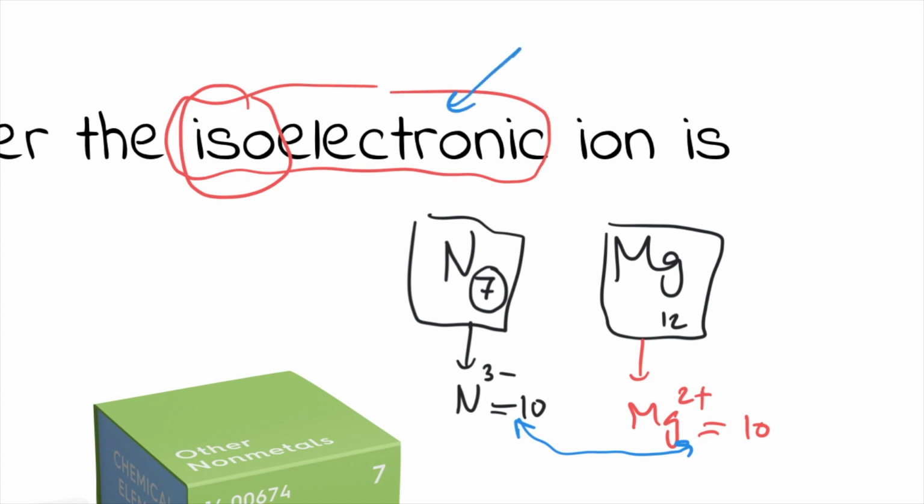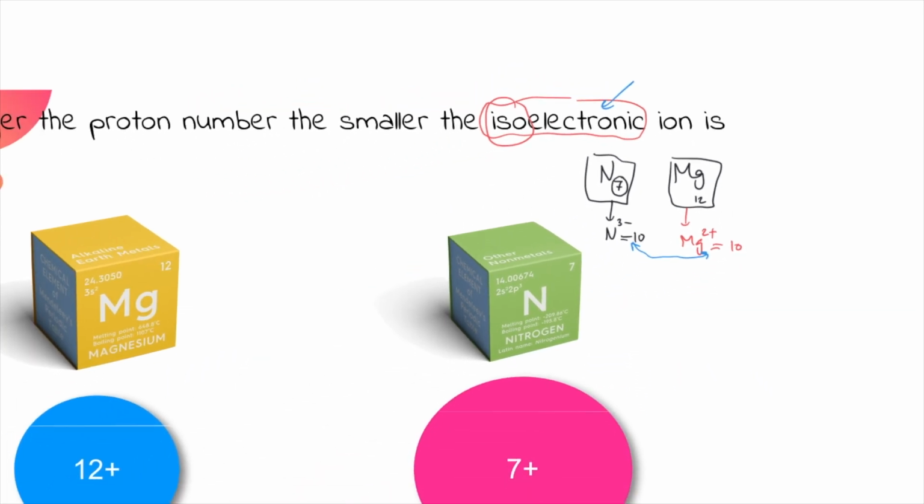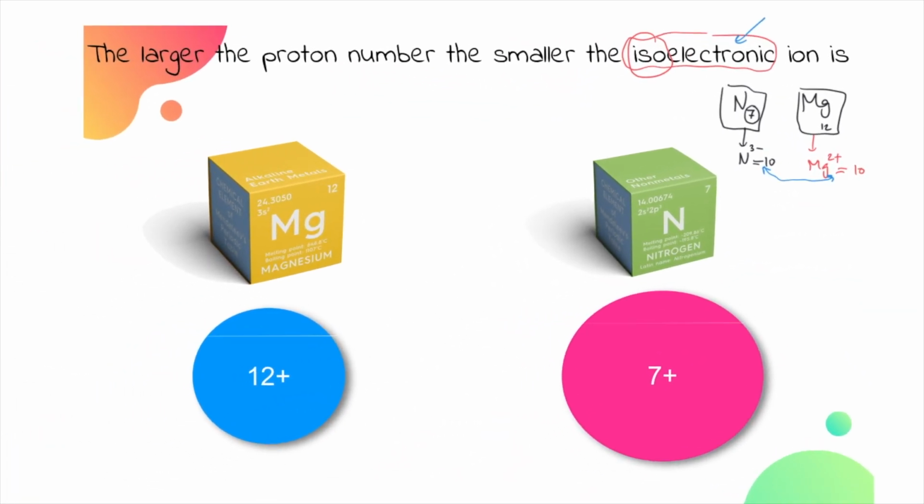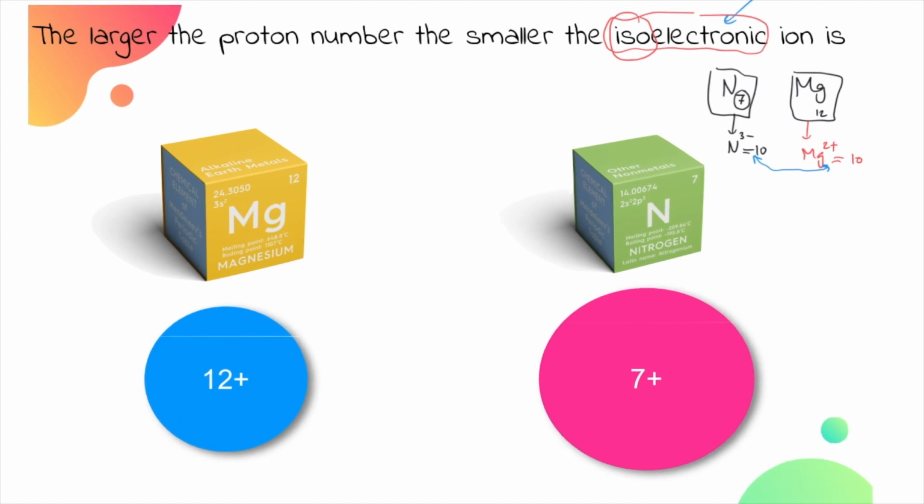We call them isoelectronic. This applies to any two species that have the same number of electrons. The magnesium ion has 10 electrons, while the nitrogen ion has 10 electrons.